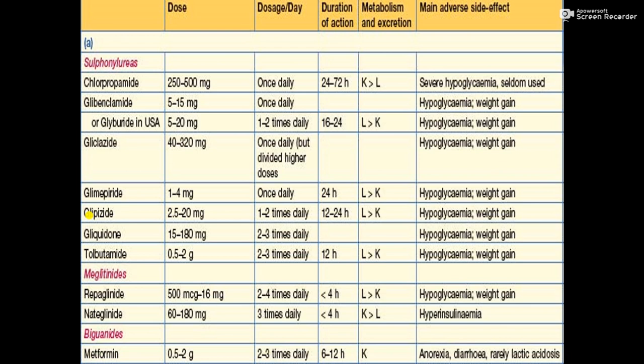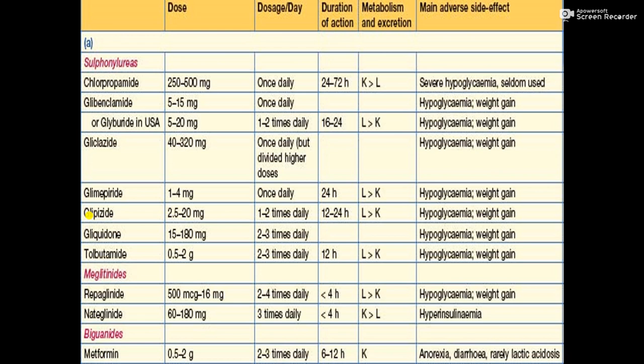Glipizide is available in a dose of 2.5 to 20 milligrams, tolbutamide in 0.2 gram, and gliclazide in 15 to 180 milligrams. All these drugs you can see on this table, and each dose can be written there.